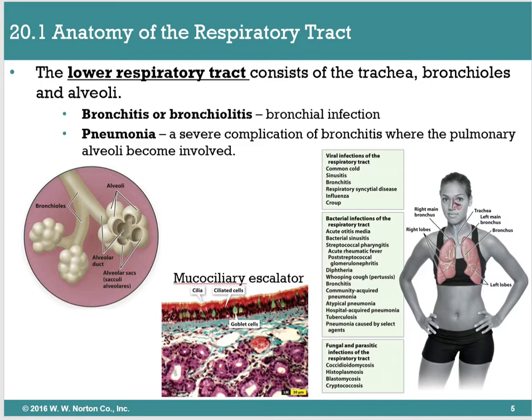Okay, and then we've also talked about cilia within our lungs when we talked about the normal microbiota. So that cilia is constantly moving, and it's moving the mucus that's trapped. As it moves the mucus, it's moving it out of your system through your mouth and your nasal cavities.